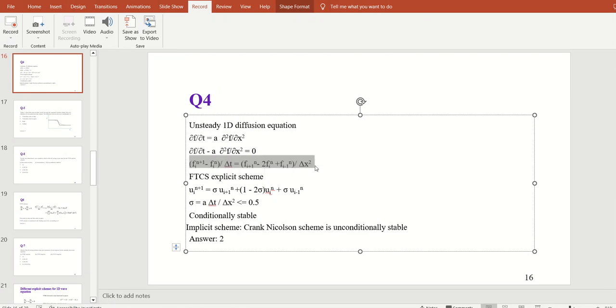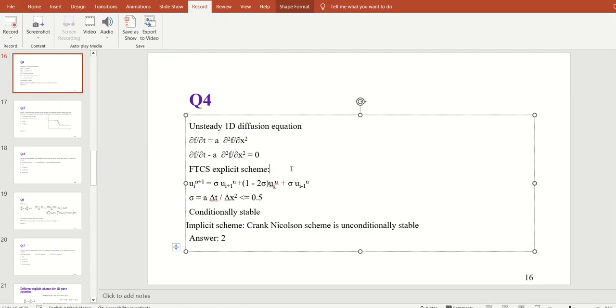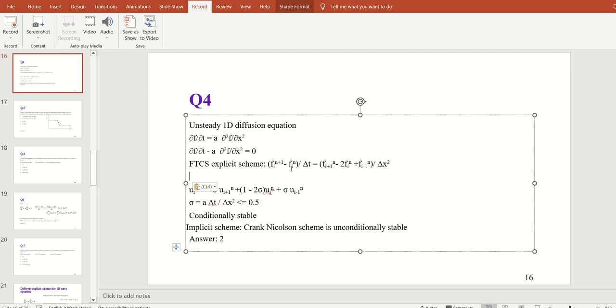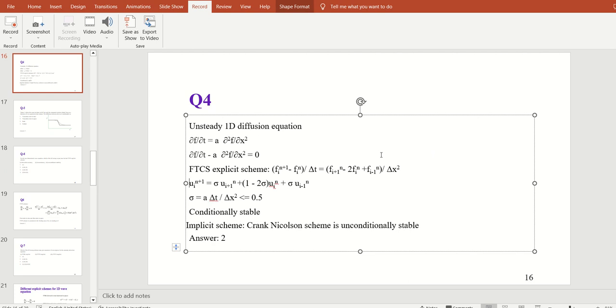We should be noting it properly that it is an explicit scheme, not an implicit one. Implicit means we would not be using n over here, rather we would be using n plus 1. Therefore, it is very much to be noted over here. And then again we will put everything in a similar unit so it would not be confusing.